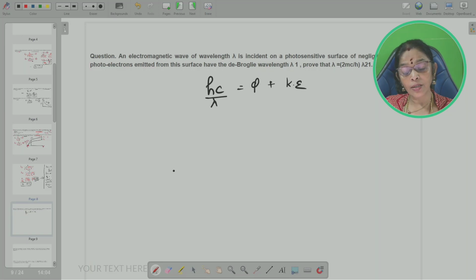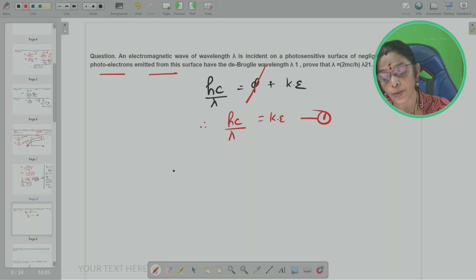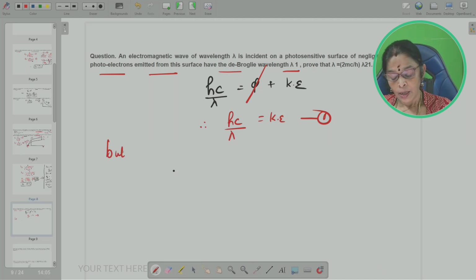But the work function is negligible. Therefore, hc by lambda is equal to kinetic energy, equation 1. If the photoelectron is emitted from the surface with de Broglie wavelength lambda 1, then lambda 1 is equal to h by root of 2m into kinetic energy.